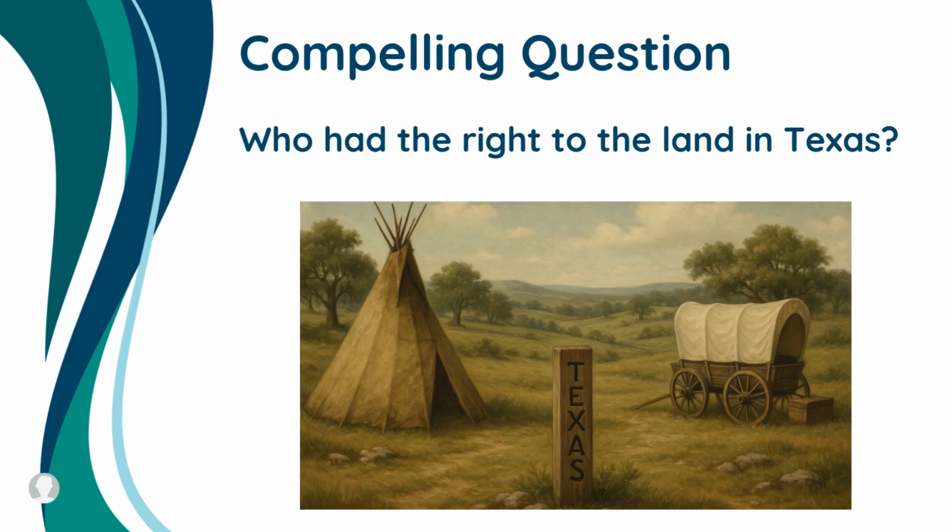This creates our purpose for the entire lesson sequence. It's a big, arguable question that's worth revisiting, and it doesn't have just one simple right answer. Students have to think about the Native Americans, the settlers, treaties, power, not just memorize dates.